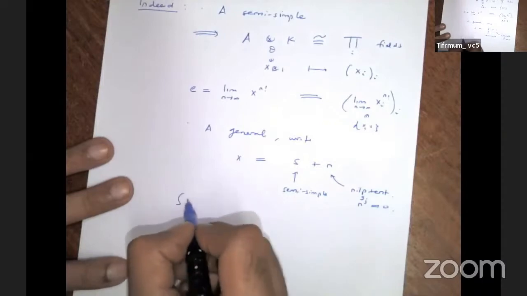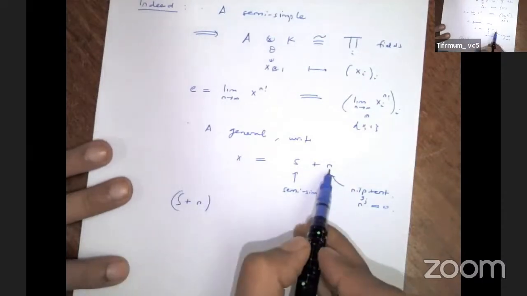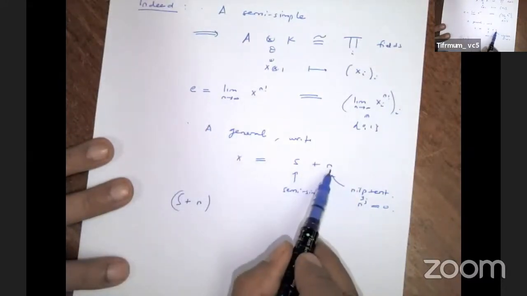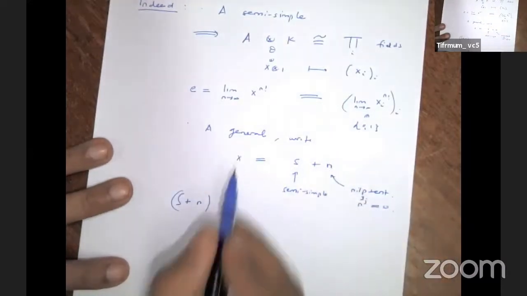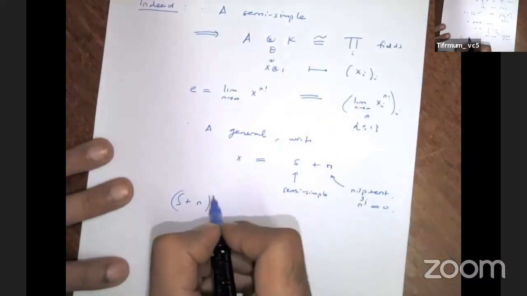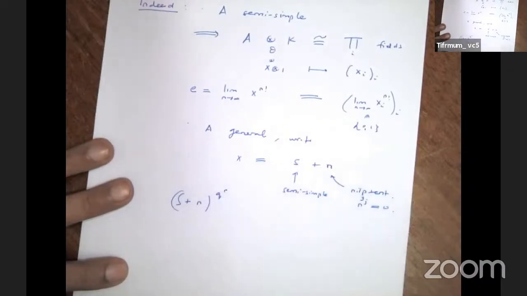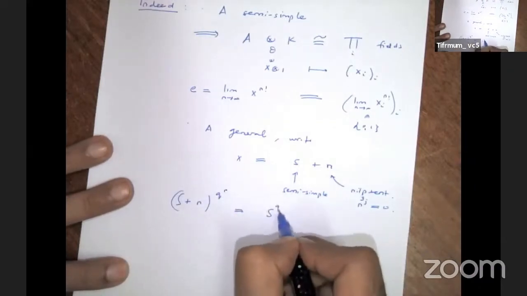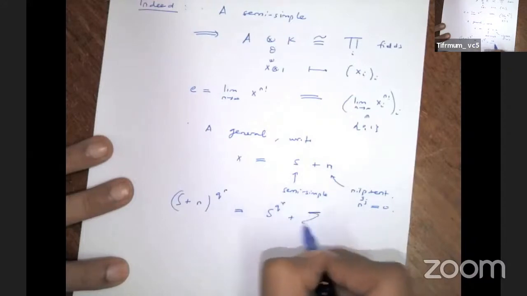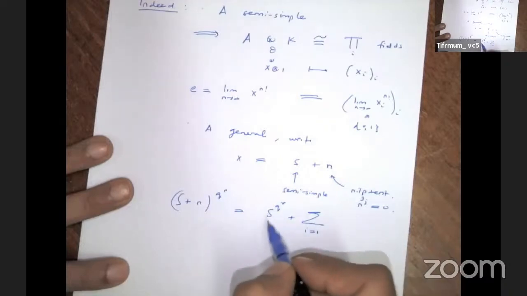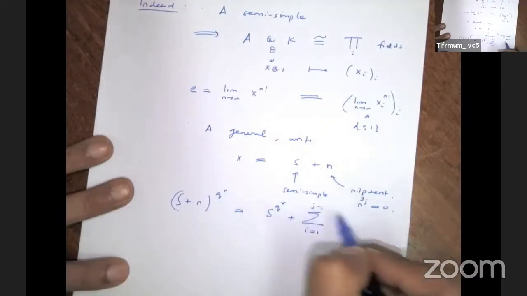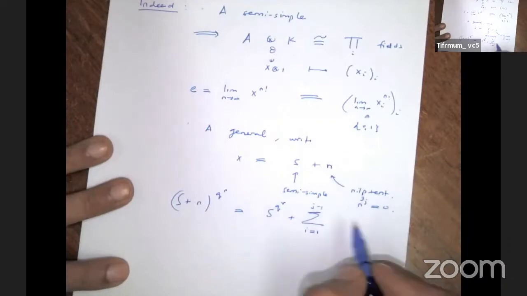And now, if you look at S plus N, by the way, this is bad notation in the sense that N was also the N appearing in this limit, but I hope you're not confused about that. This N here is just now a new N. It's the nilpotent part of X. If you take (S plus N) to the Q to the R, well, by the binomial theorem, it's S to the Q to the R plus the sum from I equals 1, not 0, because I pulled out the S to the Q to the R, to J minus 1, because N to the J is 0 anyway, so many of the things will become 0 here.